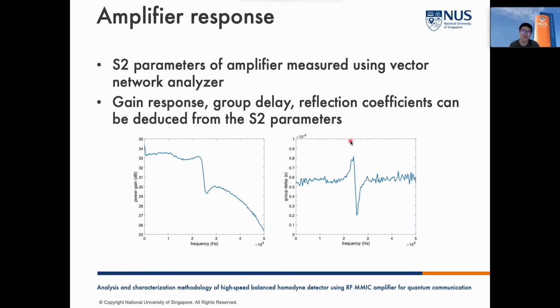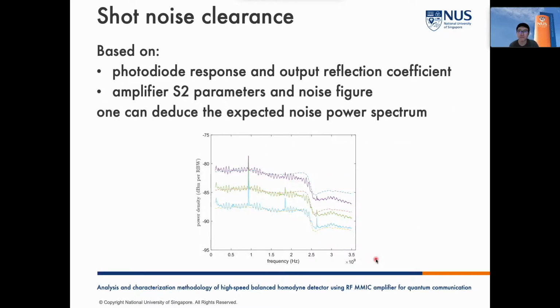This is really important if you want to know the effect of the amplifier on the measured quadrature or some statistics of the quadrature. The figure on the left is the power gain of the amplifier, which represents its gain response, and on the right we have the group delay of the amplifier, which shows how much delay the input signal has at a certain frequency.